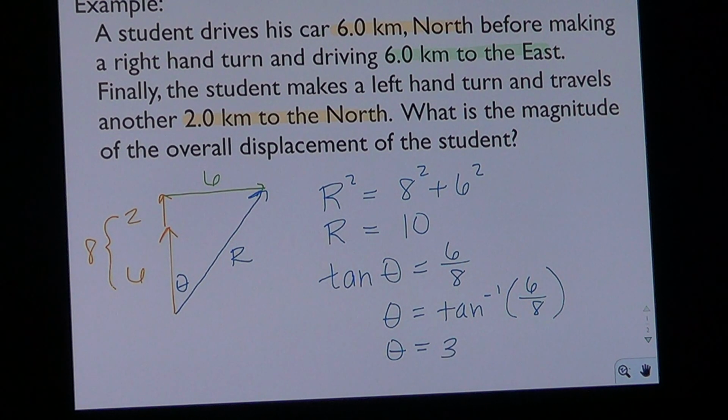Okay, good, so let's just go ahead and round to the nearest degree, so we'll say 37 degrees.